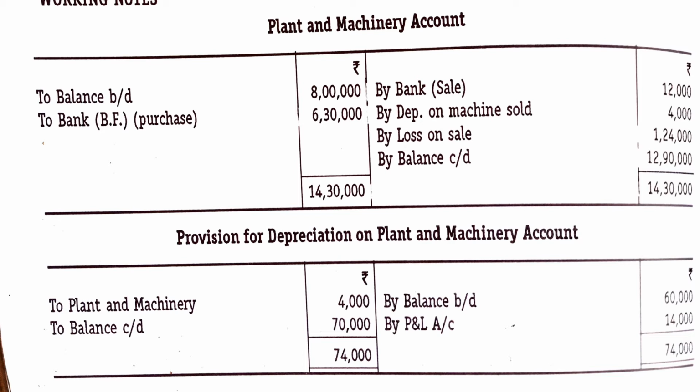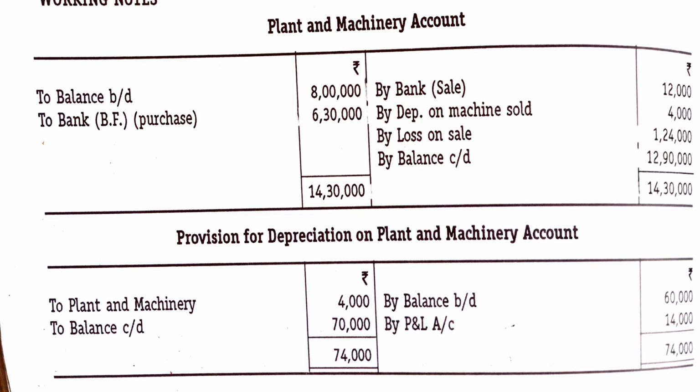Next, prepare provision for depreciation on plant and machinery. First, see the provision for depreciation on plant and machinery for the year 2013 is equal to 60,000, 2014 is equal to 70,000.